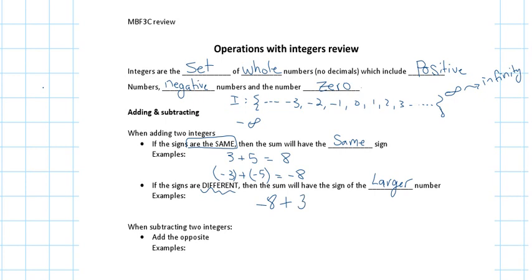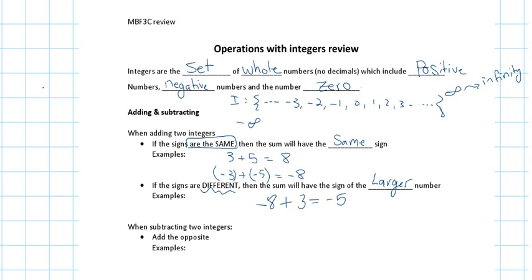Which one is a larger number, 8 or 3? 3 is larger if you're talking about a positive 3 and a -8, but we're talking about the absolute value here. So 8 is the larger number, because 8 has a negative in front of it, so your answer is going to be a -5. Okay? So it's going to have the sign of the larger absolute value number. You are right that -8 is going to be lower than a 3.